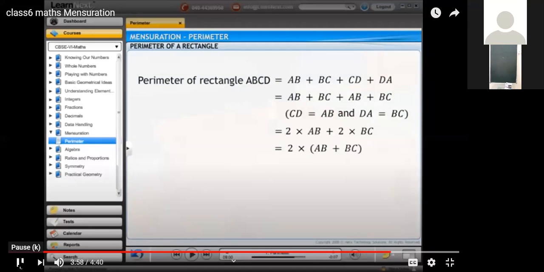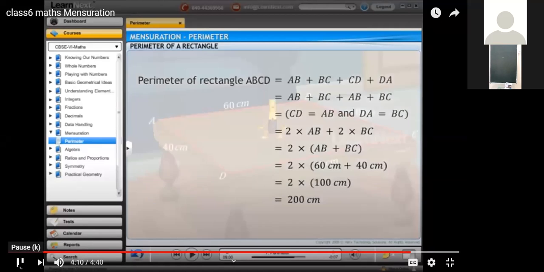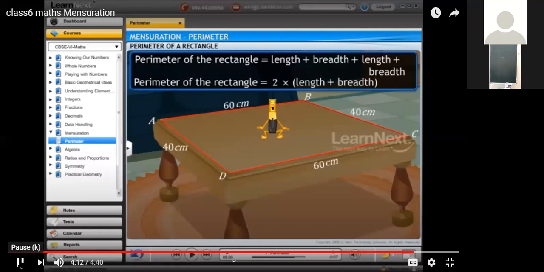By substituting the values, we get the perimeter of rectangle ABCD as 200 centimeters. This has not only been good exercise for me, I've also learned something new. The perimeter of a rectangle is equal to twice the sum of its length and breadth. I am glad I have been of some help to you, Senti.